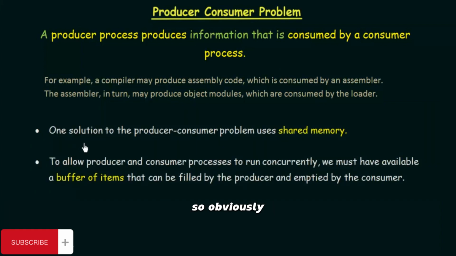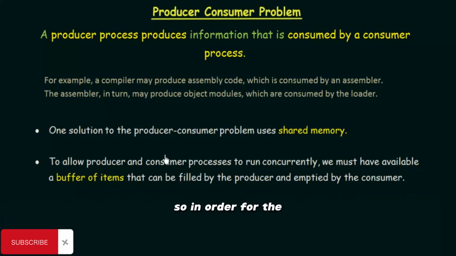Obviously, one solution to the producer-consumer problem uses shared memory. Shared memory, which we have discussed just before, is one of the solutions to this problem. And how is that? To allow producer and consumer processes to run concurrently, we must have available a buffer of items that can be filled by the producer and emptied by the consumer.